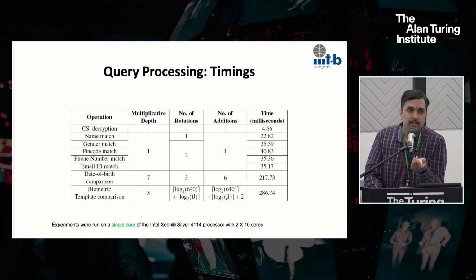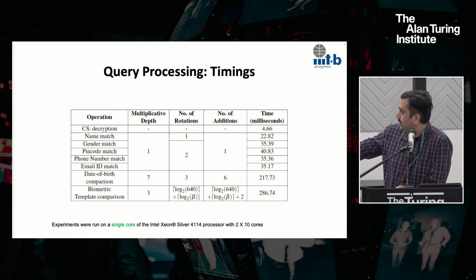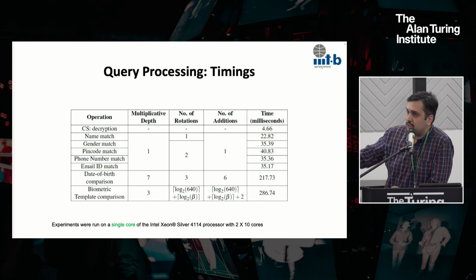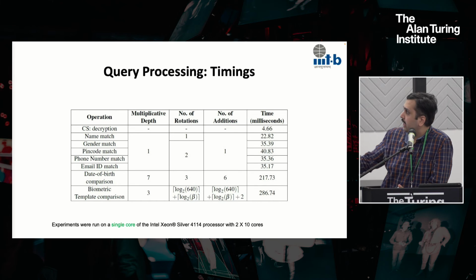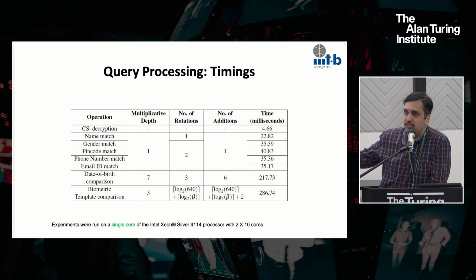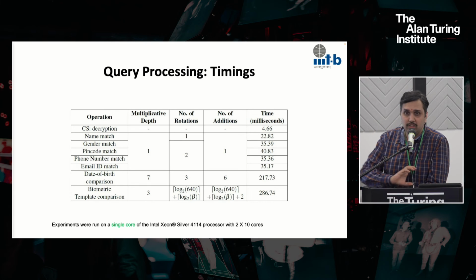We see that we just need 0.3 seconds for the biometric matching. That is the most expensive operation. And for the demographic query matching, it's just a few tenths of milliseconds. These are all on a single core. Of course, these can be accelerated if we also opt for hardware acceleration, a hardware implementation.